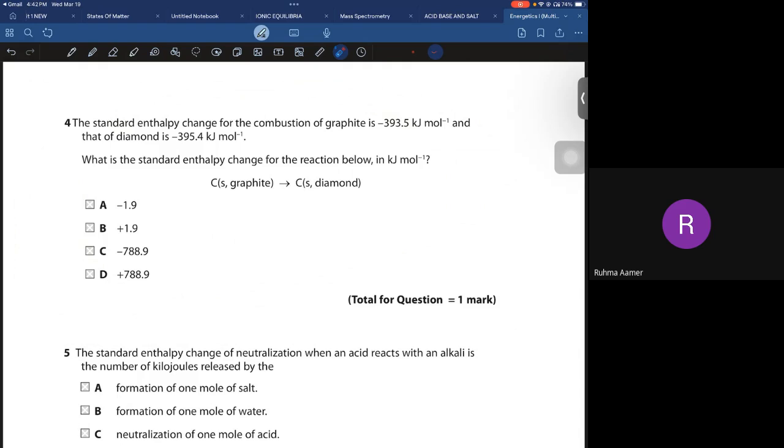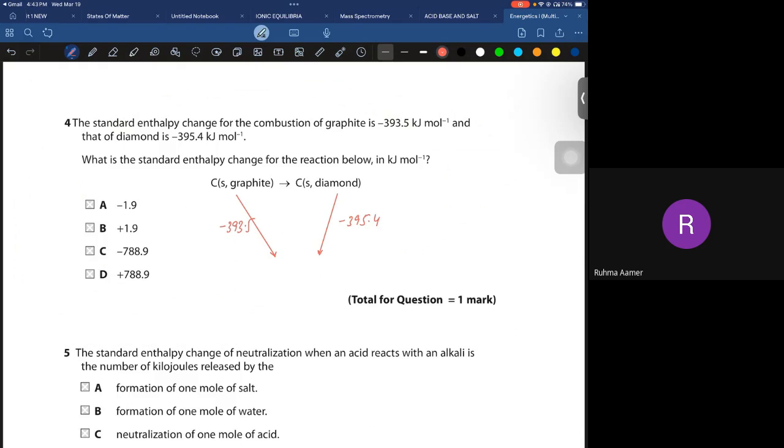How did you do this, Roma? Since it's combustion, the arrows will be pointing downward. So you are making the Hess cycle. The sign minus for graphite, 393.5, would stay the same. And obviously this is also combustion, minus 395.4, and then you would be doing just like that.